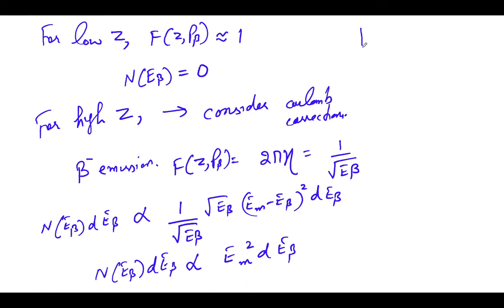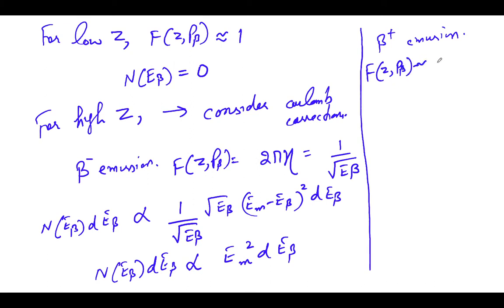So similarly we can find out for beta plus emission. The value of this Fermi function is equal to 1 over under root of EB into exponential of minus beta over under root of EB, where beta is the distance between the interaction.